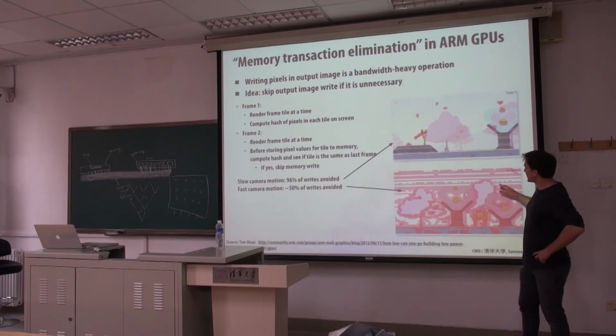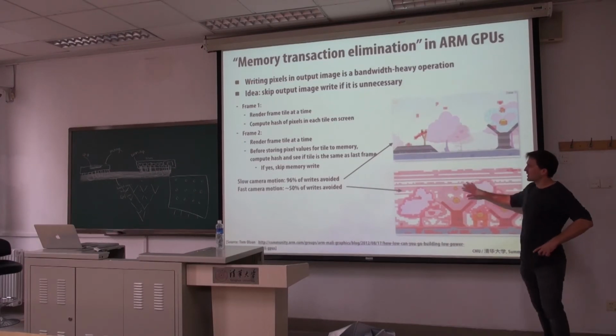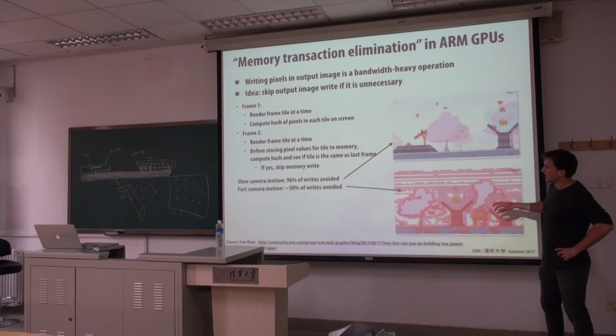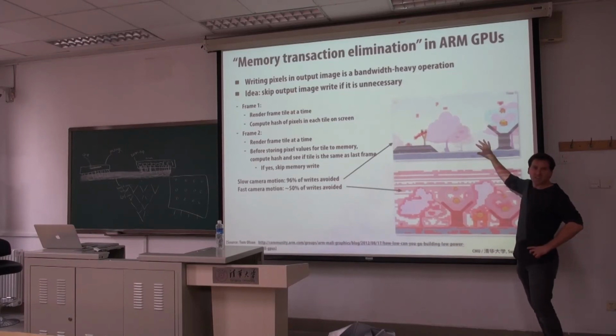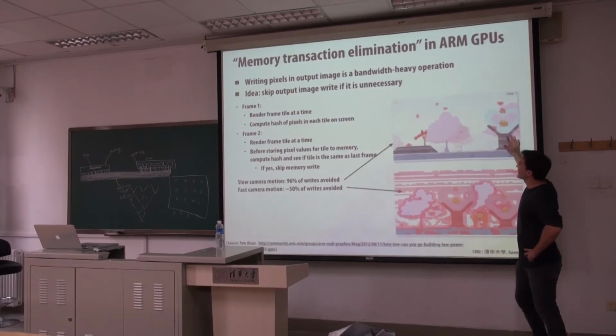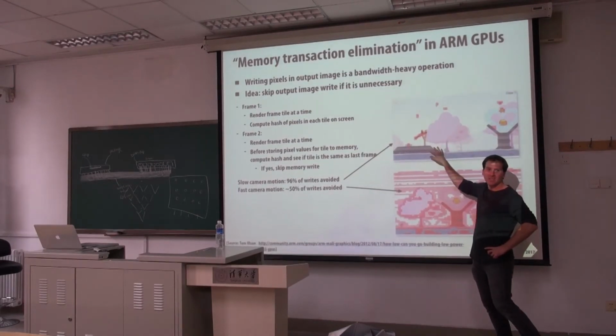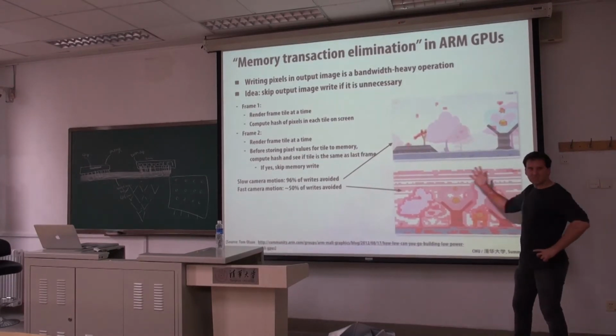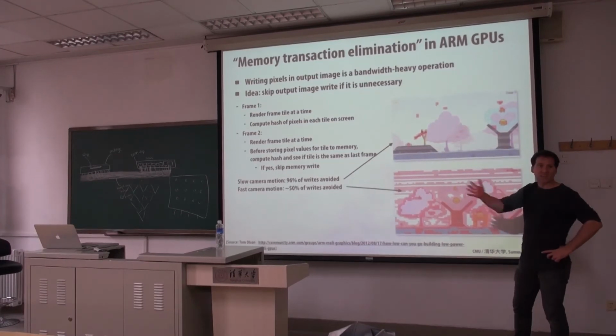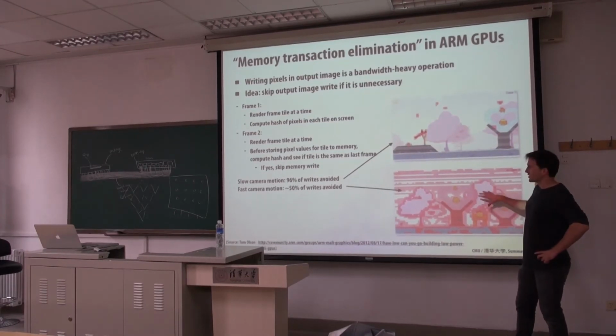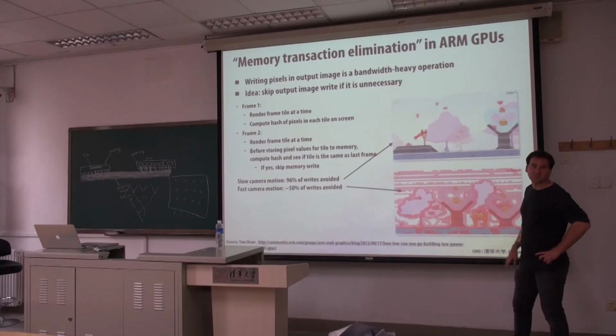And so this shows that when the screen is moving very, very slowly, almost all of the pixels on the screen don't change from frame to frame. And even if the screen is moving really fast, like in an interesting side-scrolling game, sometimes almost 50% of the pixels still don't change.